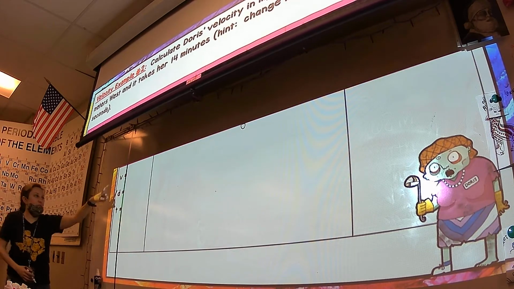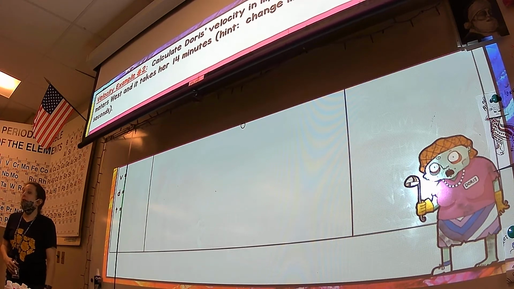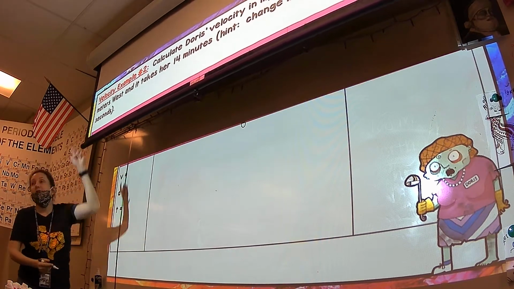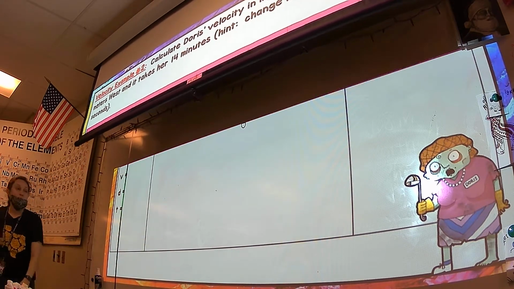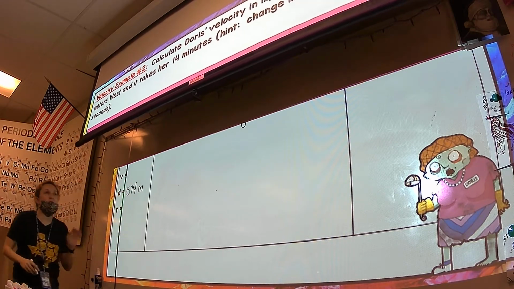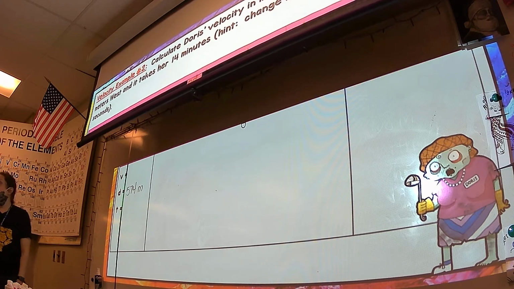V, D, or T? Distance, which is meters. So 574 meters tells us that it's going to be displacement. We have 14 minutes, which we know is time.